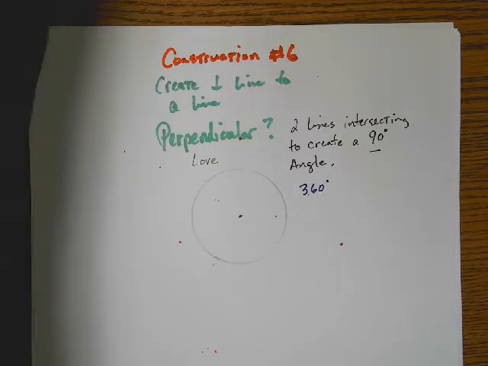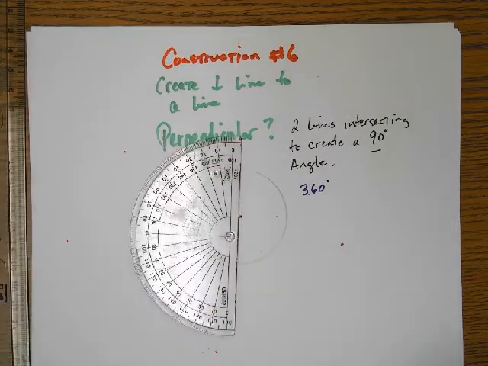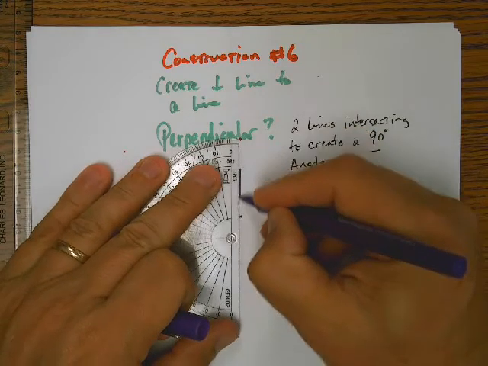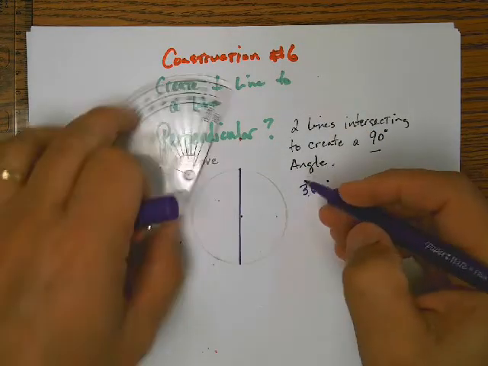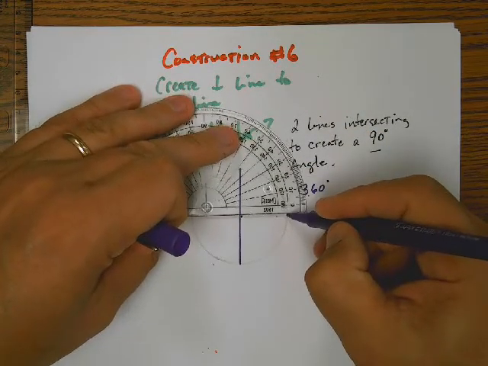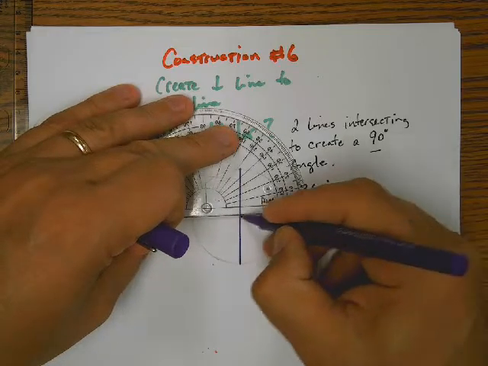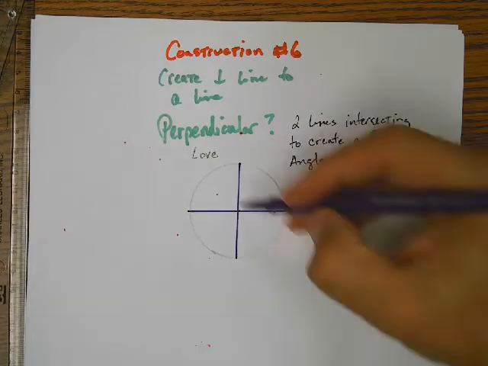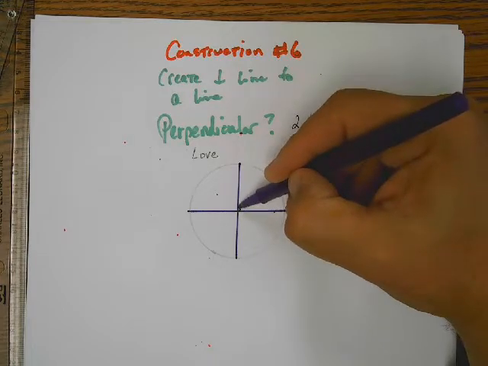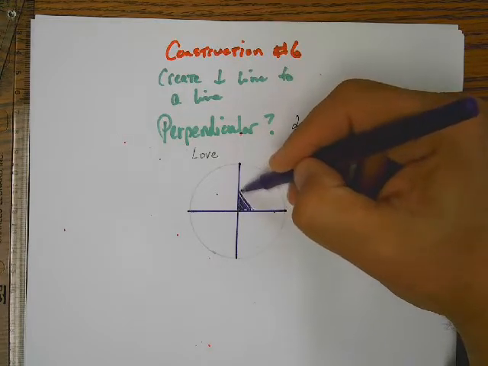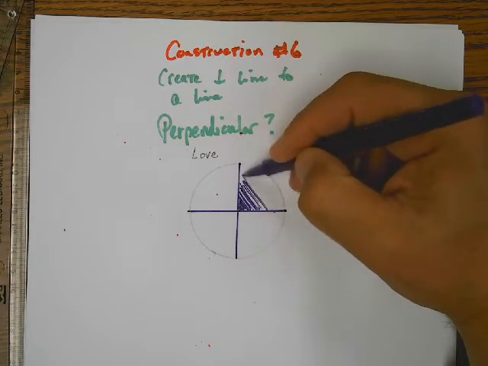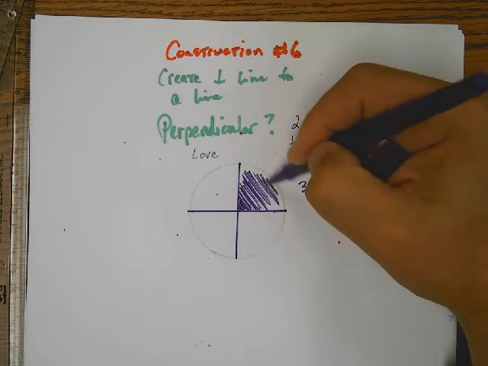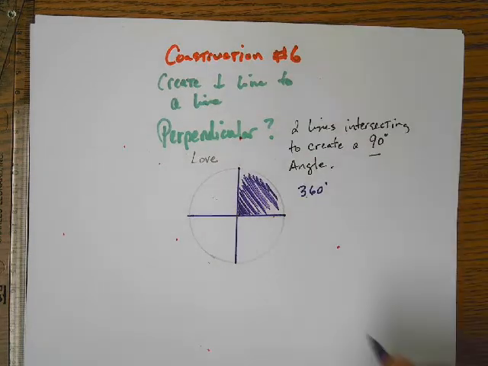So if I were to use the center of the circle and create like a bullseye, that means I'm dividing the circle into 4 pieces of pie. Now I'm hungry. The technical term of this is called a sector.